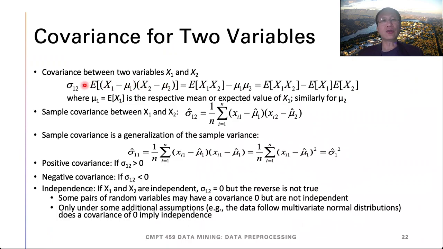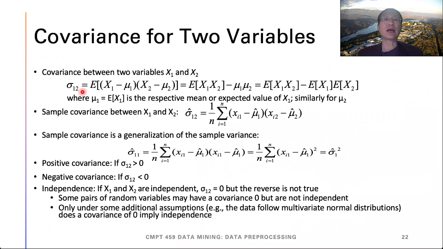If the two variables x1 and x2 are correlated, then whenever we see x1 is over the expectation, x2 should have a good chance also of being over the expectation. If x1 is less than the expectation, x2 also has a chance of being less than the expectation.